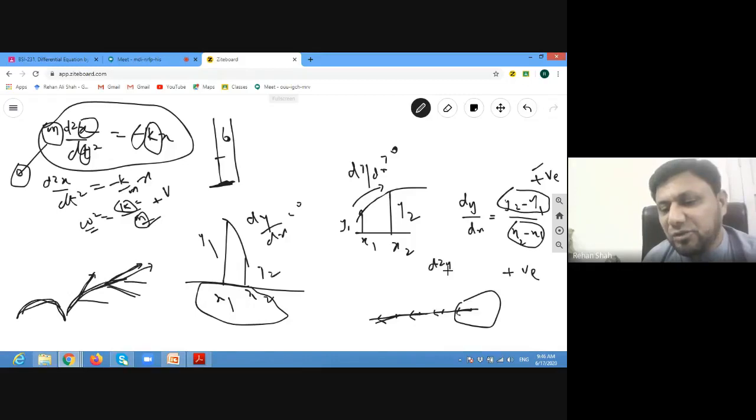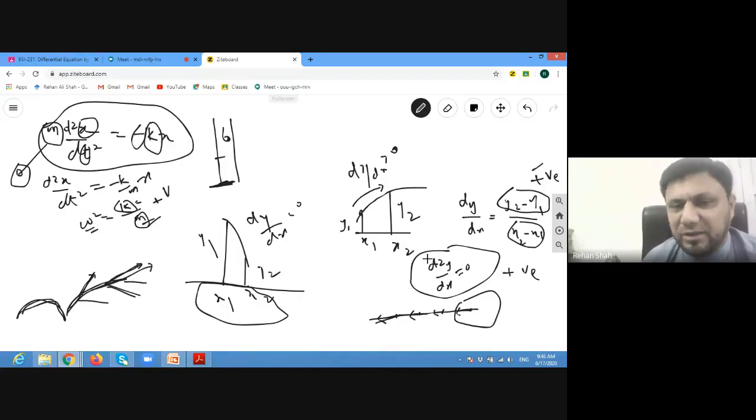Listen to me a little. It will be zero, because the tangent doesn't change its direction. Tangent means first derivative. Clear? The tangent doesn't change. Change represents the second derivative. Doesn't change means zero.